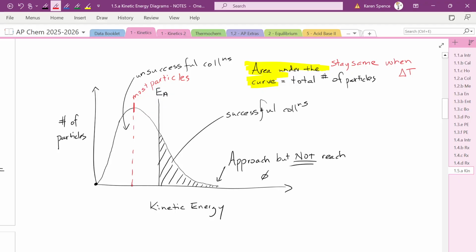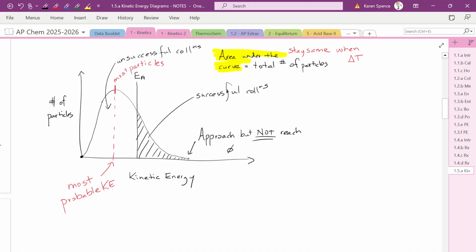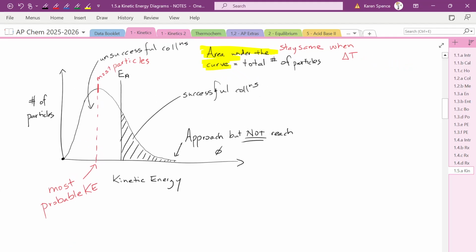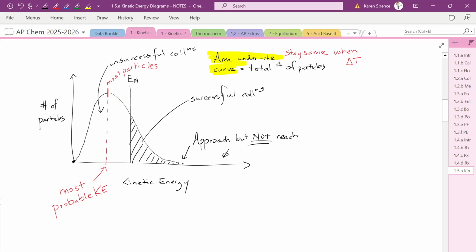This is the most probable kinetic energy. So I'm going to now redraw this so it doesn't have all that writing all over. Well, maybe I won't. We'll just go with it. I'll make it blue.